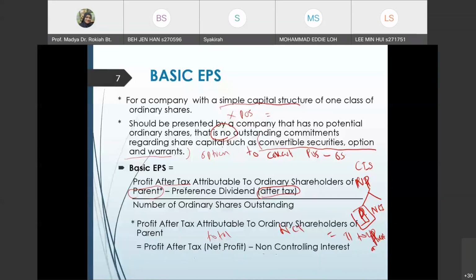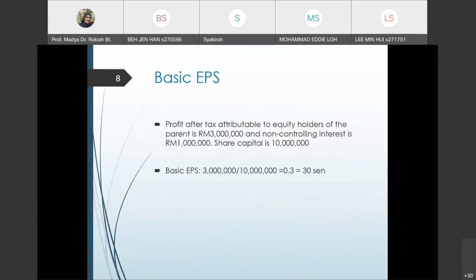This is an example. Profit after tax attributable to the equity holders of the parent is 3 million, and the NCI is 1 million. So the profit for the parent is 3 and for the NCI is 1; the total profit is actually 4. We only need to use the parent's figure. The share capital here is 10 million.